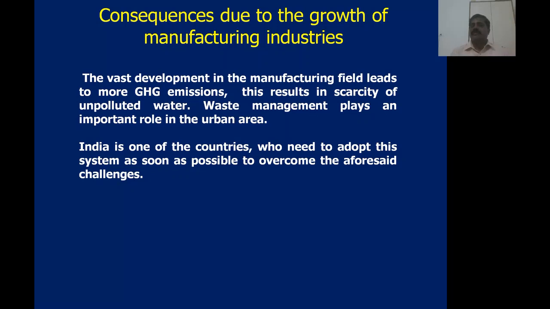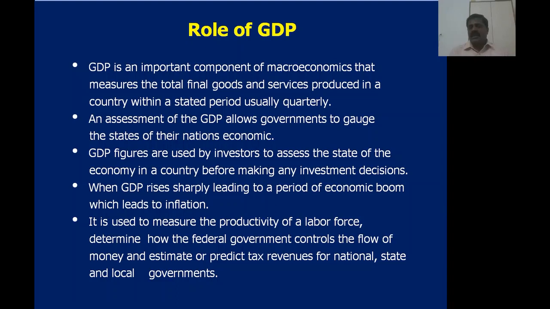So there is a scarcity of water and pollution in water, in air, and also in land. Waste management plays an important role in the urban area. India is one of the countries that needs to adopt this system as soon as possible to overcome the adverse changes. Now we'll see how this particular development in the manufacturing sector plays a role in GDP.